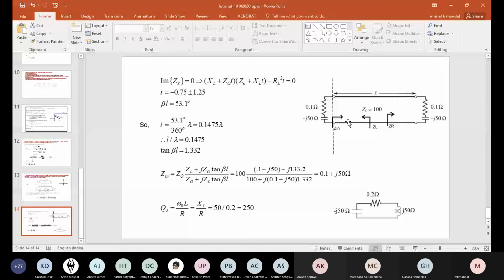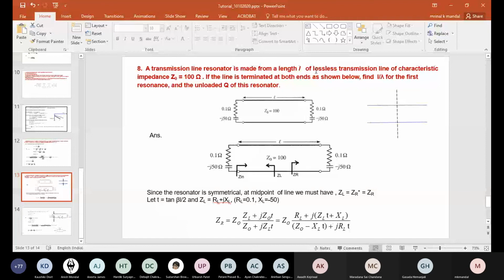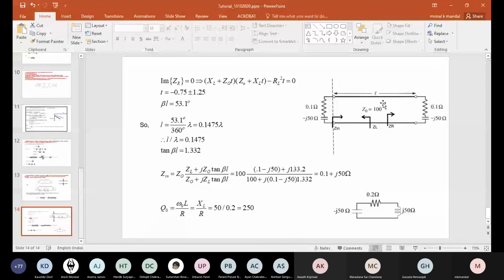So you see, for the transmission line resonator, since it is a lossless transmission line, we don't have any loss from the transmission line part. Then we have loss only due to the resistor. Now, how to find it out? Unloaded quality factor.